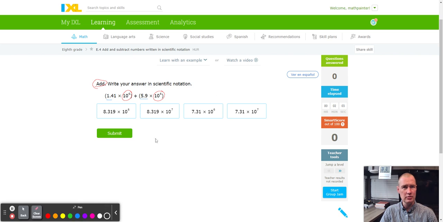All right, here we go. In parentheses, we have 1.41 plus 5.9, close the parentheses, times 10 to the 6th power. Now, because 10 to the 6th power match, we could just leave them alone. All right, so using a calculator, I'm just going to add up 1.41 plus 5.9.